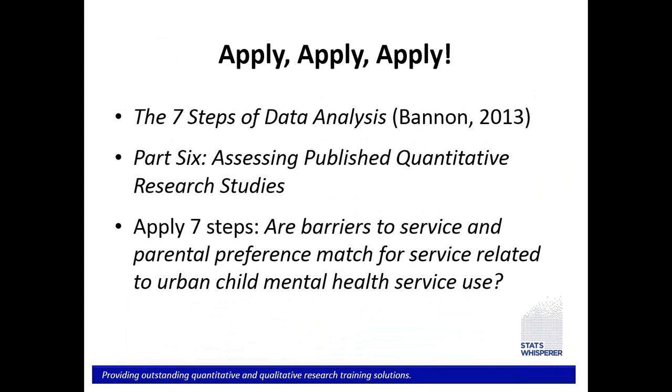right? So the name of the article is Are Barriers to Service and Parental Preference Match for Service Related to Urban Child Mental Health Service Use? So the thought behind this is we're trying to explain what facilitates parents to bring their children in for mental health sessions, right? Mental health service use. And we're wondering what's a more salient predictor?